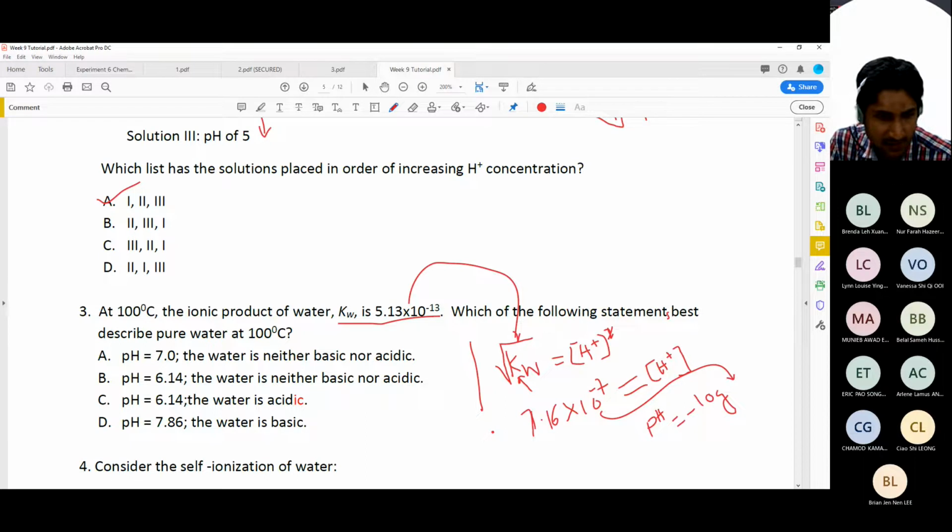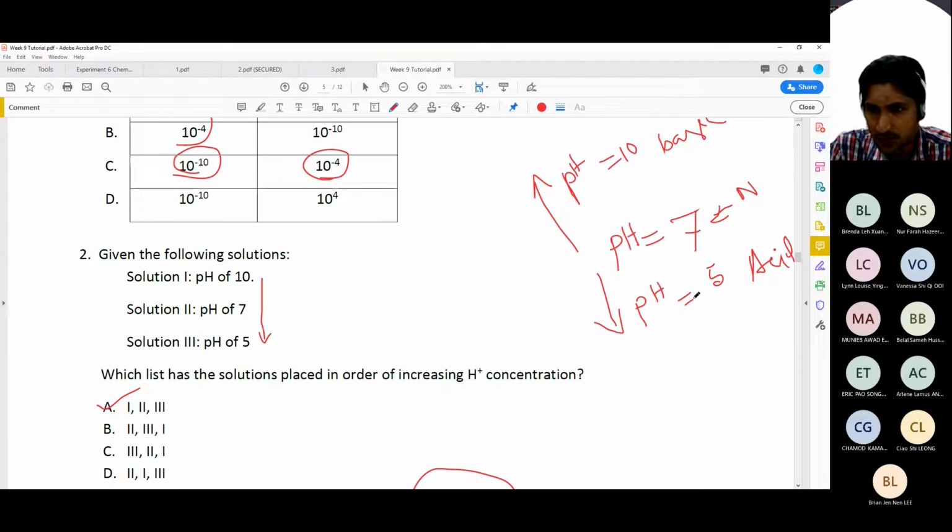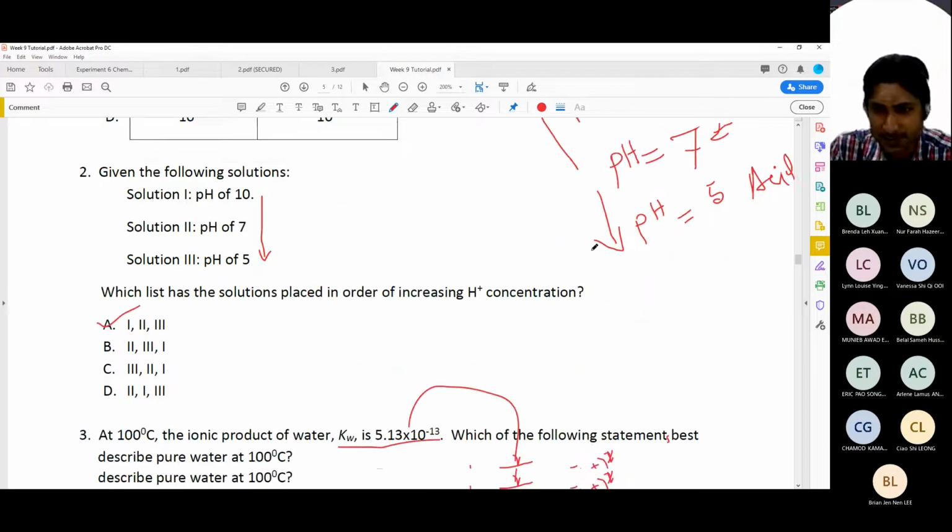Can anybody tell me? 6.14. So the pH is 6.14. Good, thank you. Just now I was telling that pH 7 is neutral, and going down from 7 towards 0 it is acidic, and going upward towards 14 is basic.